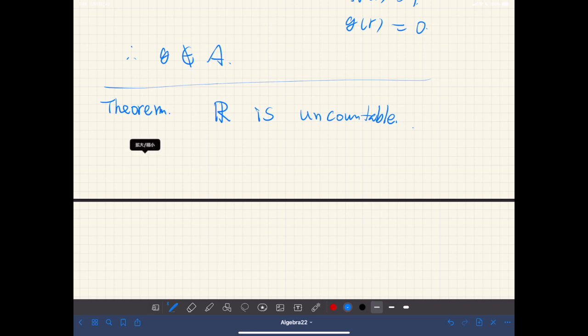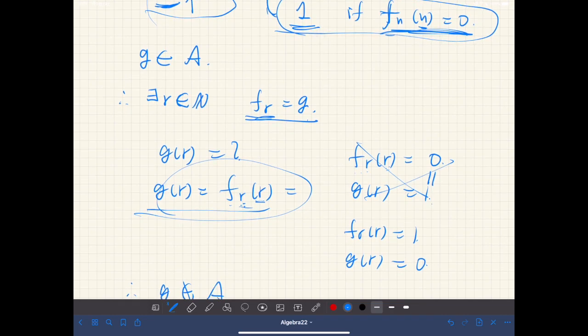The proof of this is actually quite famous, so you should look for it on the internet. Maybe you should look for something called the diagonal argument, which is basically what we have done for proving this lemma.